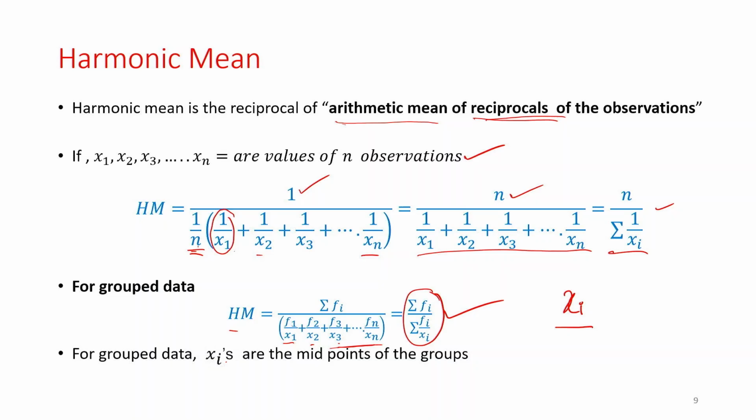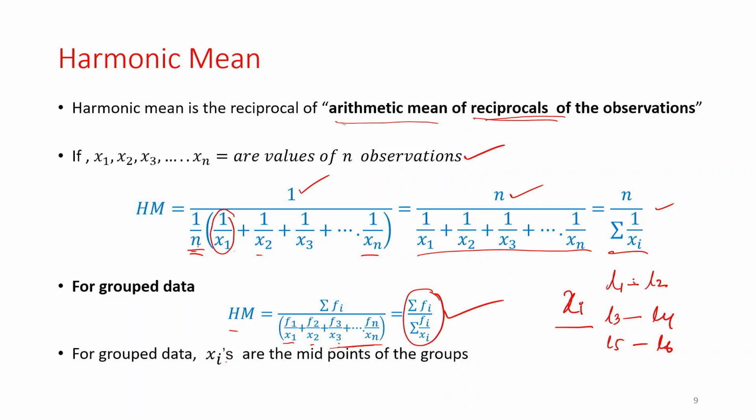Suppose we have groups like this: L1 and L2, one group. Another group may be L3, L4. Then L5, L6.